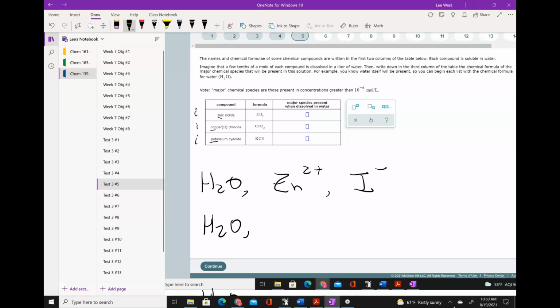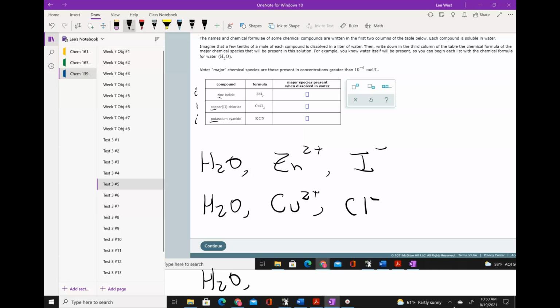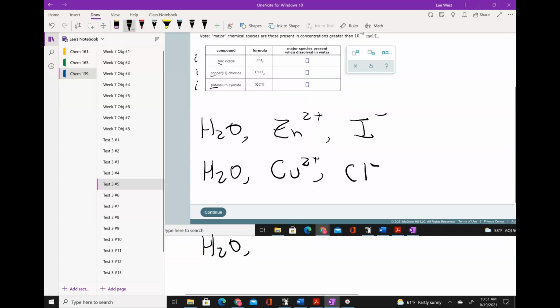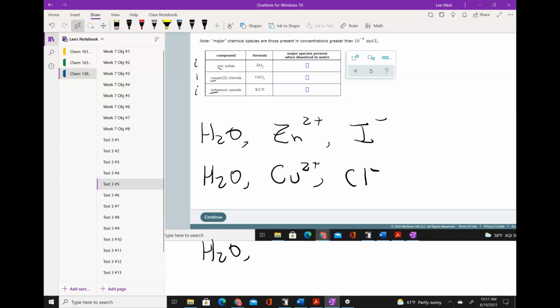Now for the copper, it gets a little easier because it tells you that it's Cu2+, and then chloride is a monatomic anion. Chlorine is in group 7A, so it is also 1-, and then this 2:1 ratio between the chlorides and the coppers is consistent with the charges. We can see that by a crossover.